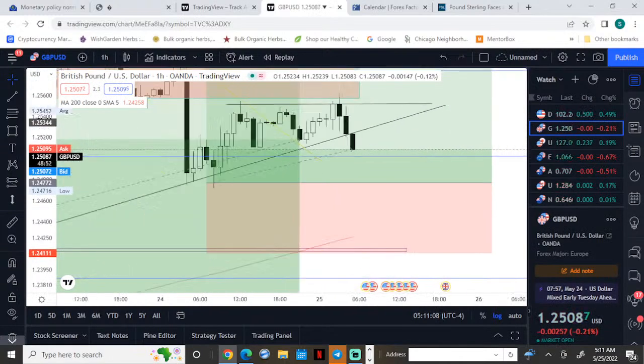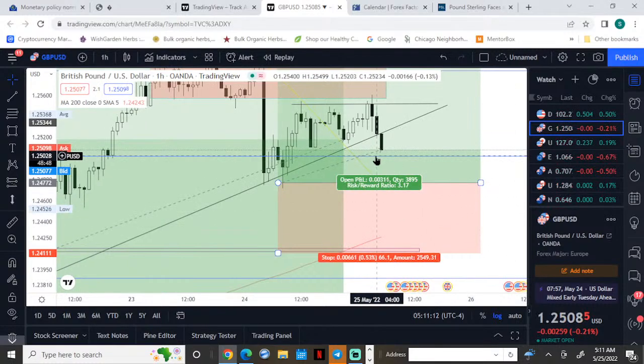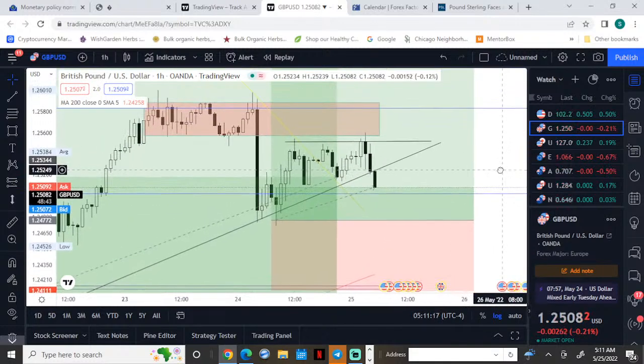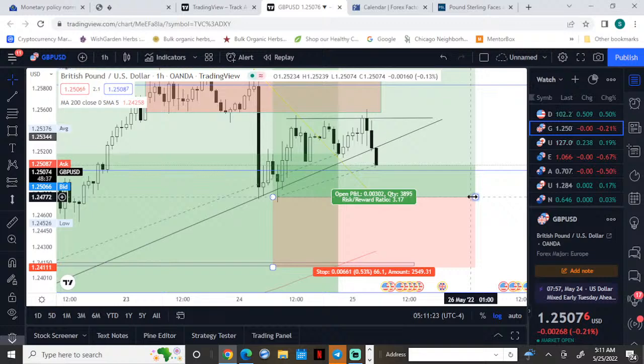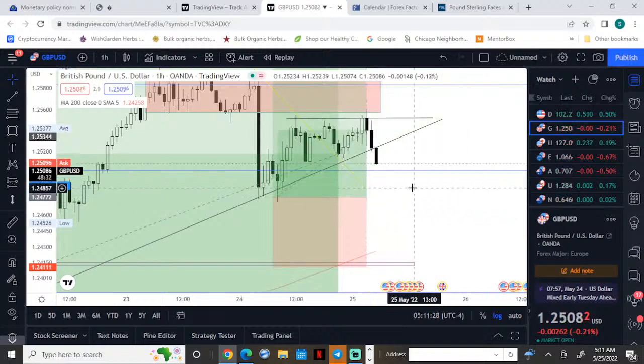Yeah, I just closed this GU position just to keep a little bit more of my gains, even though I did take partials. So I'm no longer in this. It was beautiful while it lasted.